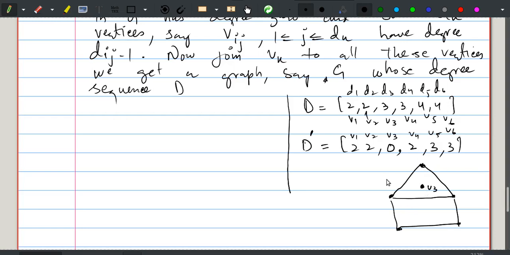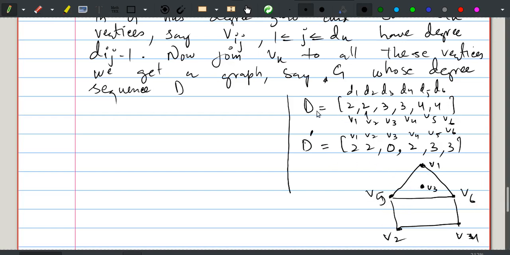Then we have three vertices of degree 2. So this is V1, this is V2, this is V4 here, this is V5, this is V6. So D prime is obviously graphable.